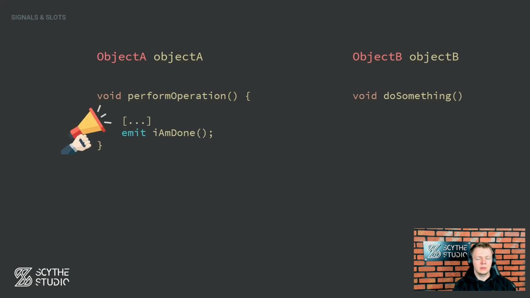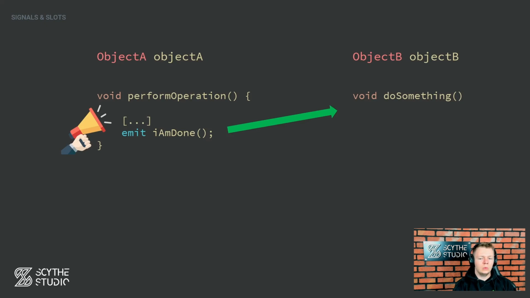In practice, signals and slots are like a notification system. Object A announces to the world, I am done, and it does not even care what others do with this fact. Then we react to this information by making a connection between this signal and object B's doSomething method, the so-called slot.